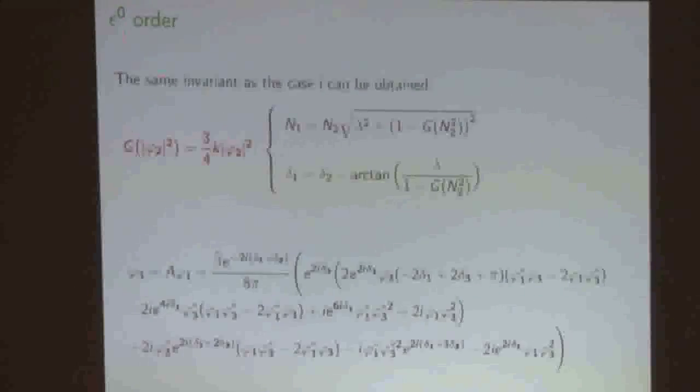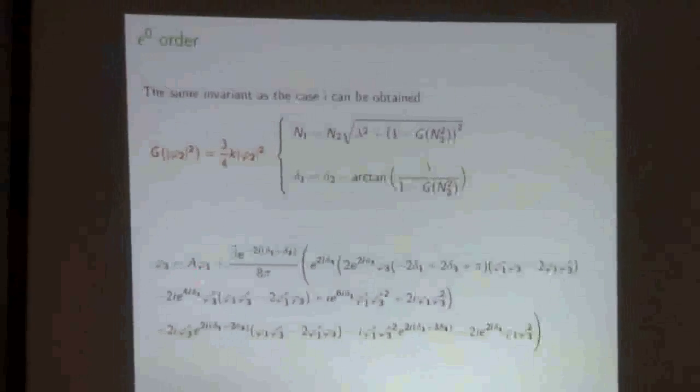Okay, at epsilon 0 order, we could have the invariant. It is a similar invariant, because also in the previous case I had taken the cubic nonlinear terms. So I have the same tau-zero invariant, but here I have this phi3, and at epsilon 0, now you see that phi3 depends on phi1.